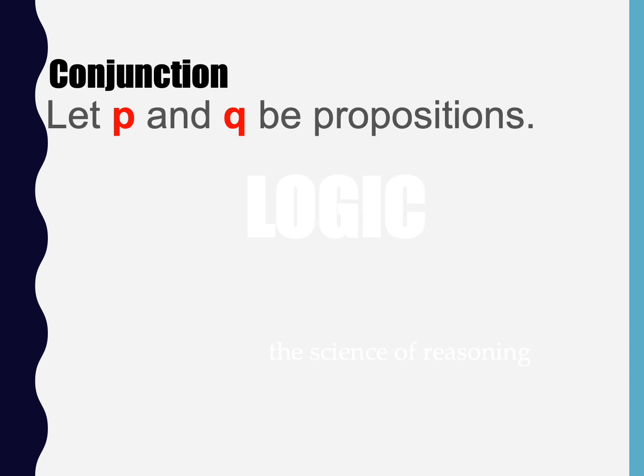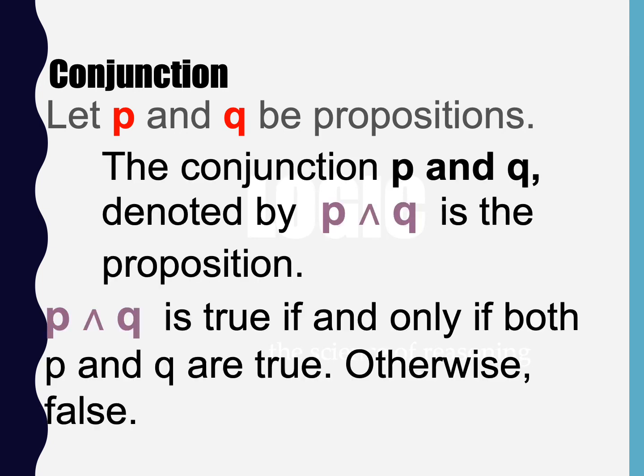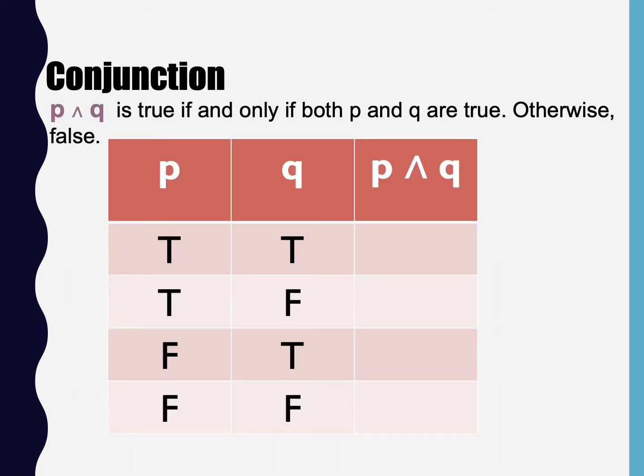Now, let P and Q be propositions. The conjunction P and Q is true if and only if both P and Q are true. Otherwise, it is false. To construct the truth table for the conjunction, you have to set up the following scenarios.